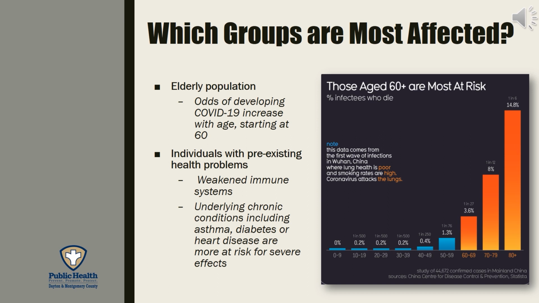Some examples include those who are over age 60, have cancer, diabetes, heart disease, hypertension, lung disease. They may have another condition that compromises the immune system, or may be taking medications that suppress the immune system. Again, these buckets of individuals are really those who are more at risk for severe effects of COVID-19.